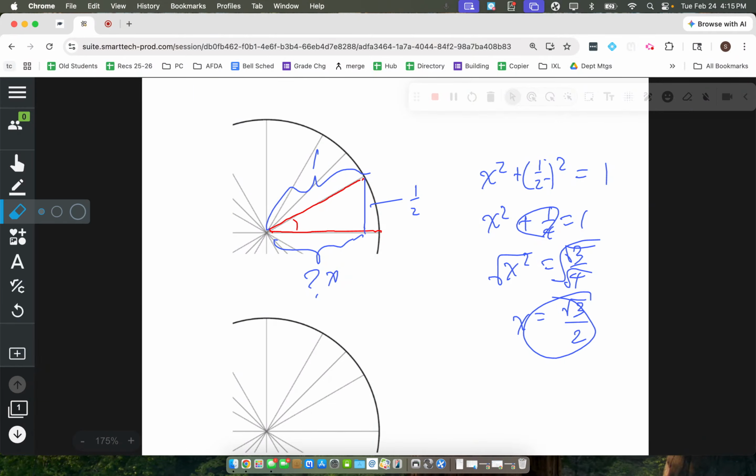So this side here is square root 3 over 2. Guess what this angle is? This is a very important fact. This angle is exactly 30 degrees.